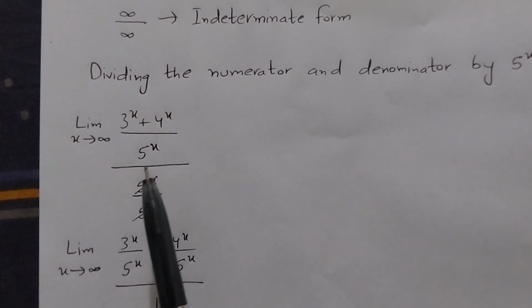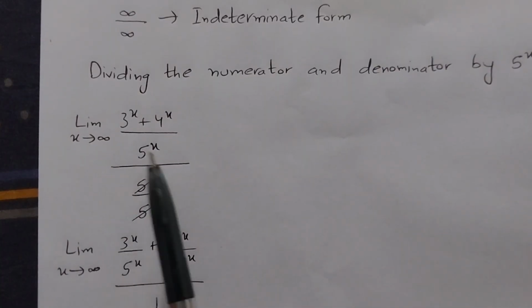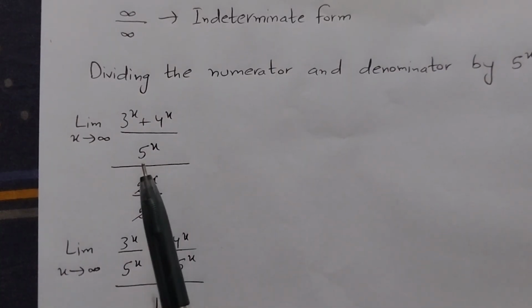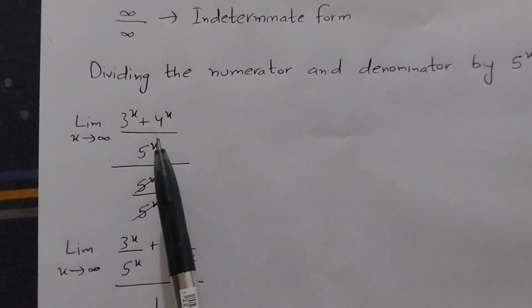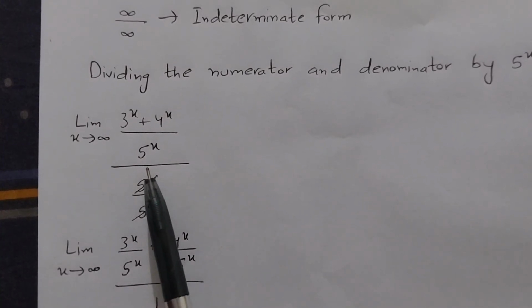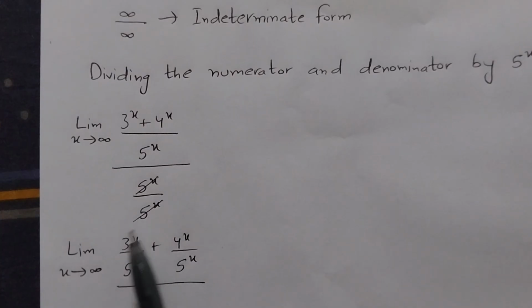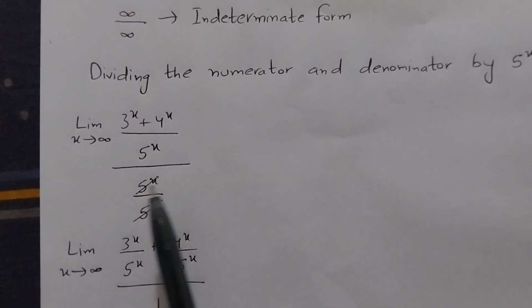So the only way which makes this question easier is by dividing both the numerator and denominator by 5 raised to power x.